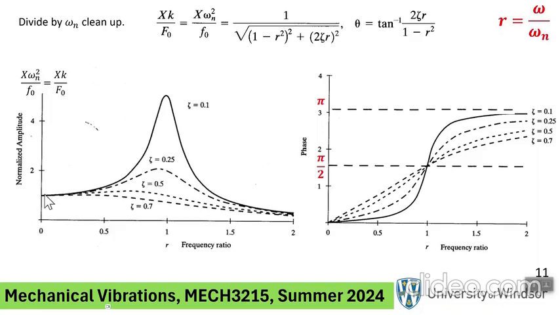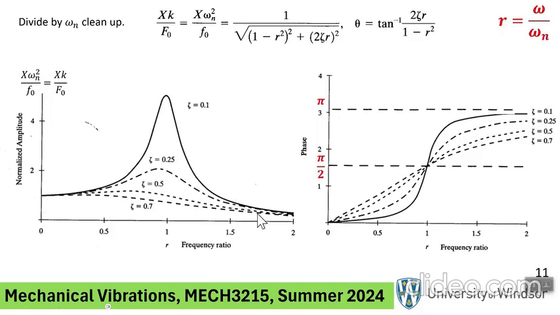That's why this height for R close to 0 is equal to 1. Because at the end of the day, here we have a static problem. What does that mean? Xk over F naught equal to 1. It says X is equal to F naught over K, magnitude divided by stiffness. It doesn't even see that cosine harmonic term. So for very small frequency ratios, we have a static problem.